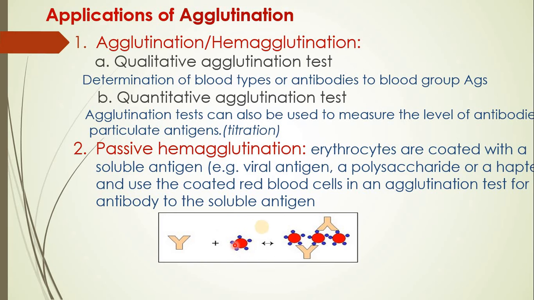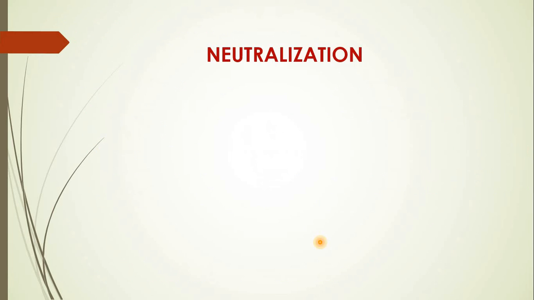These antigens are loaded or coated onto the surface of the RBC, and as a result the antigen antibody interaction that is formed enables us to understand the amount of antibodies present in the serum, right? And the third one is the Coombs test, that is the antiglobulin test.